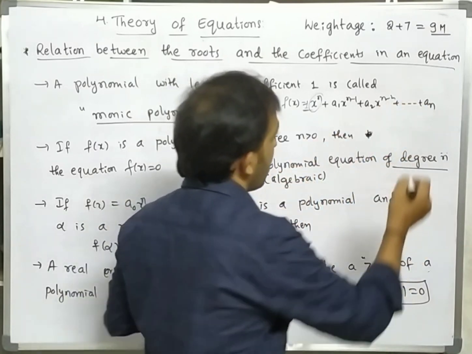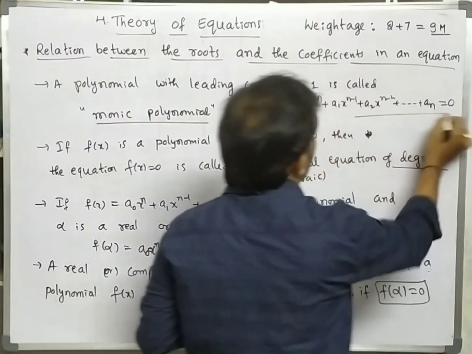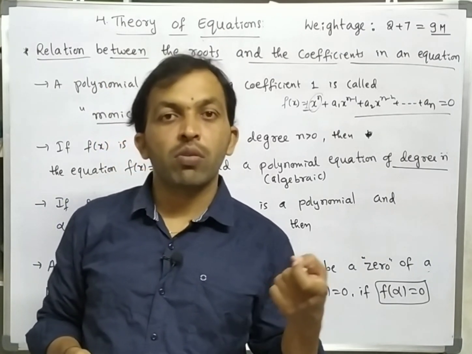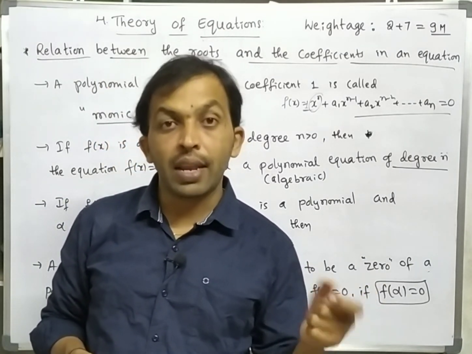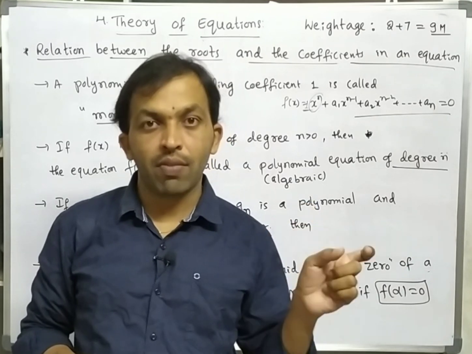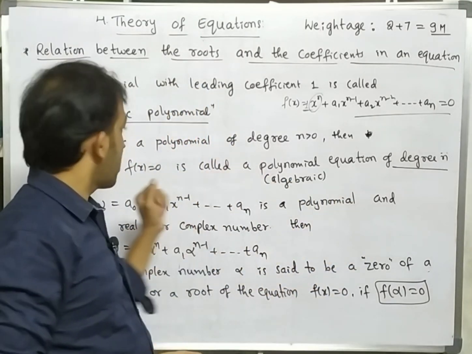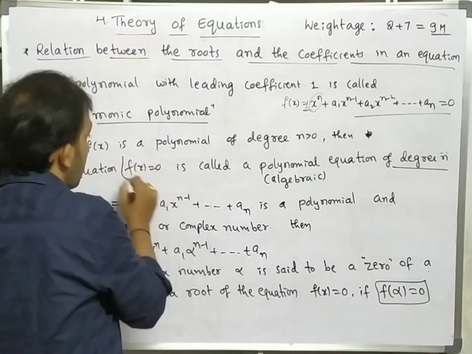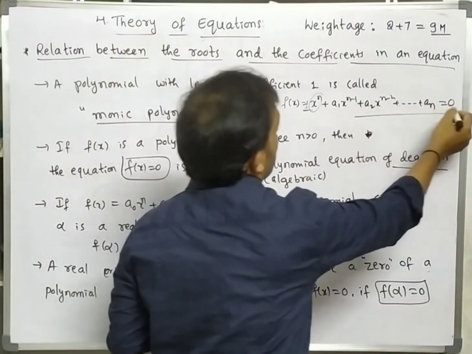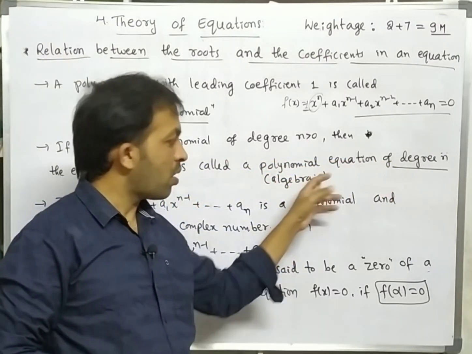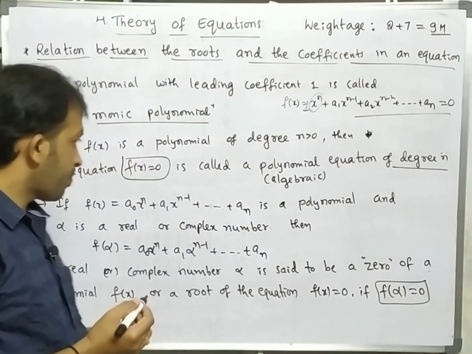If we write it equal to 0, this polynomial becomes a polynomial equation, because equal to 0 indicates that it is an equation. So if f(x) is a polynomial of degree n greater than 0, then f(x) = 0 is called a polynomial equation of degree n or algebraic equation of degree n.